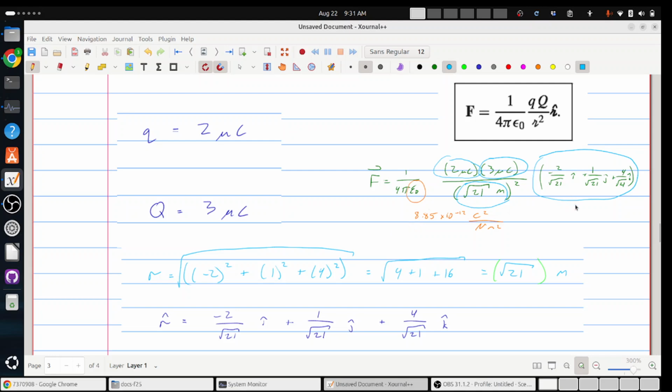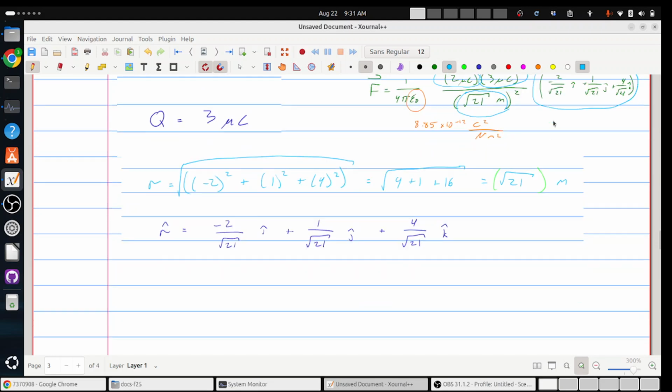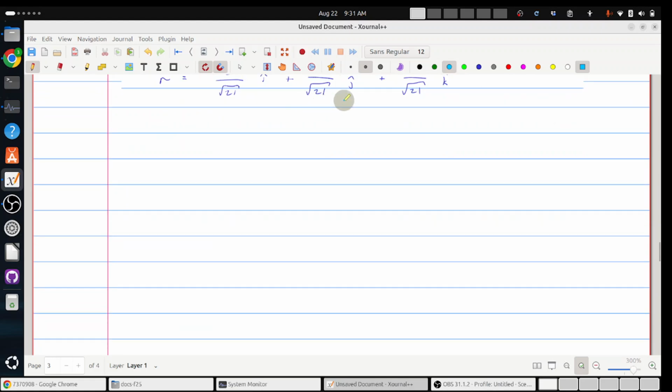I'm also going to point out something to you here in terms of this equation. Because r hat is r vector divided by r, we also sometimes end up writing this equation as the force vector.